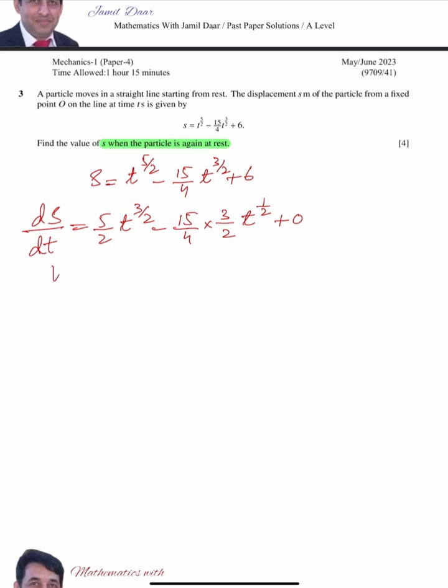And this is v is equal to 5 over 2 t cube over 2 minus 45 over 8 t raised to the power of 1 by 2.